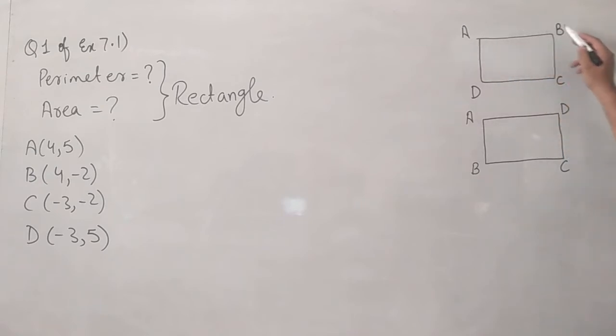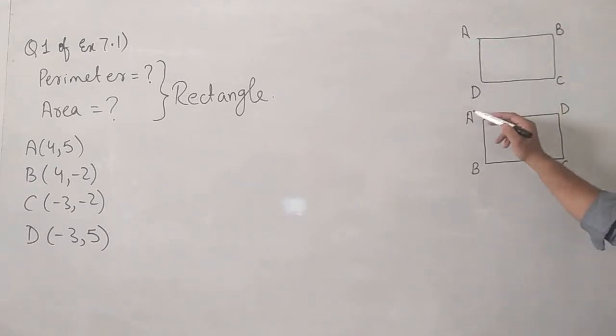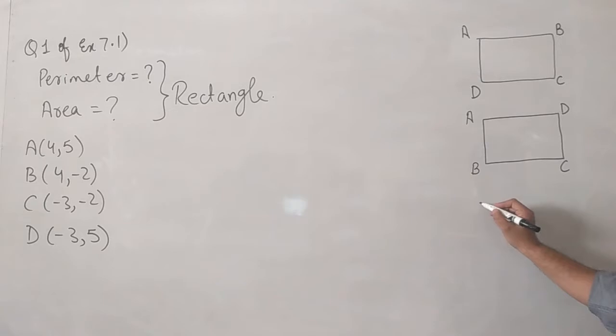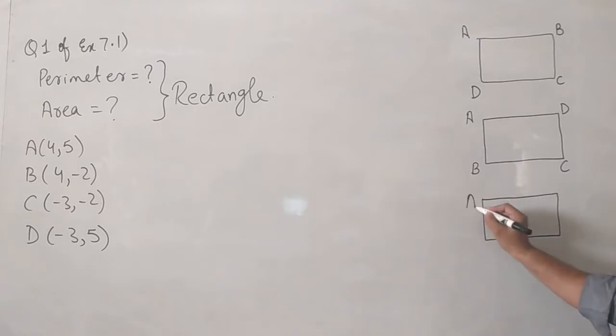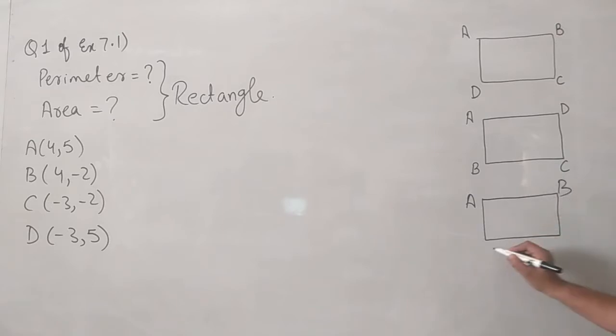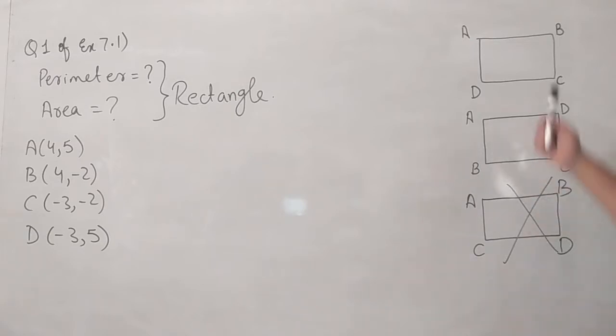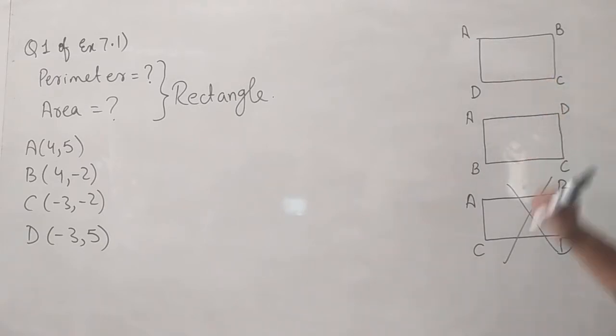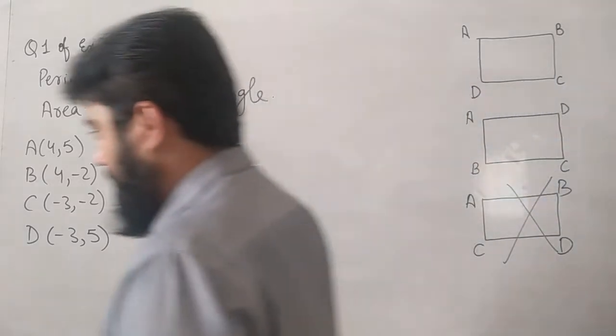Either cyclic form, A, B, C, D like this, or A, B, C, D like this. Don't write it like this one, beta. That is not considerable. Either write it in this way or in this form. That's the first thing you have to do.